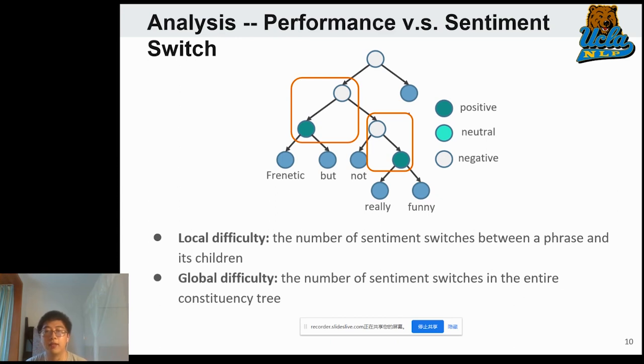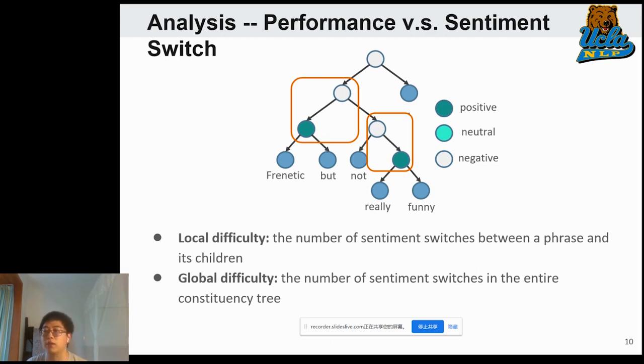And next, we analyze the effectiveness of SentiBERT in terms of capturing compositionality. In particular, we would like to see how well the model can handle situations when the sentiment of the parent node is different from its children. For example, as shown in the red boxes, the parent has different sentiment from the children.